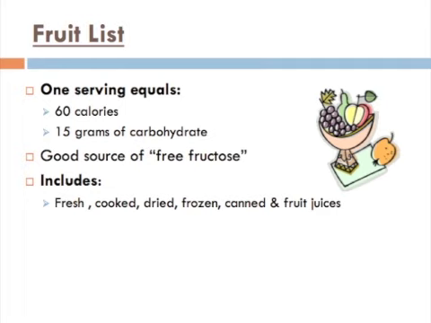I recommend that my patients with diabetes decrease the amount of fruit juice in their diet because they are eliminating a lot of fiber and vitamins and minerals when they are drinking more juice than eating fresh fruit. And so I ask them to stop the juice and start eating more of the fruit itself.